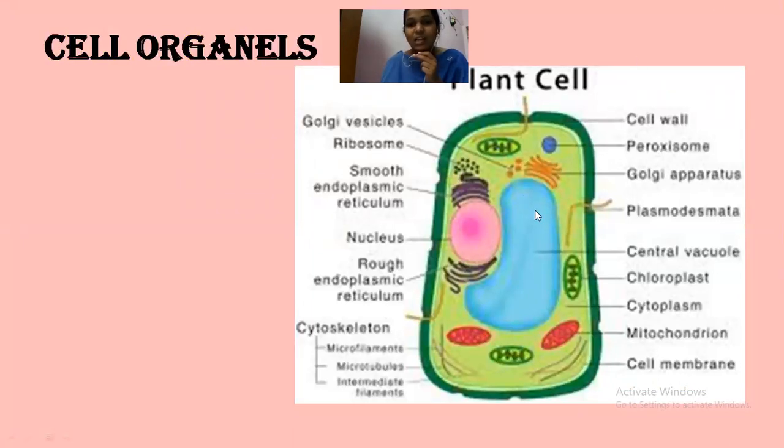This entire area is called cytoplasm. As we mentioned earlier, the cytoplasm is the living matter that is present inside the cell. And remember, the cytoplasm is the platform where all the subcellular organelles are present. Right. So in the cytoplasm, all the subcellular organelles called cell organelles will be present.